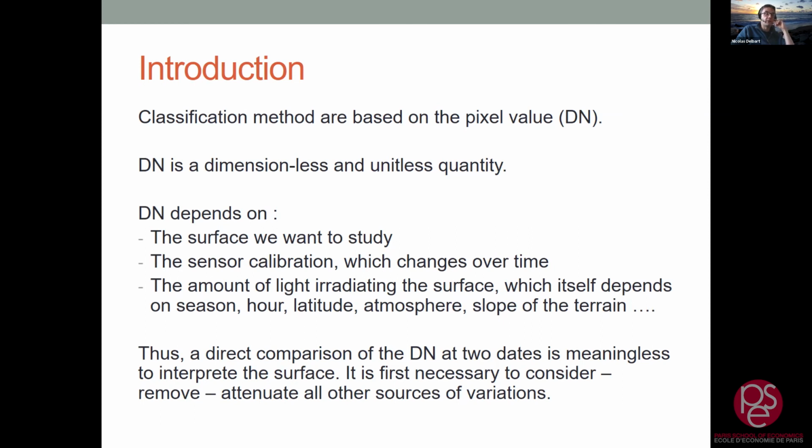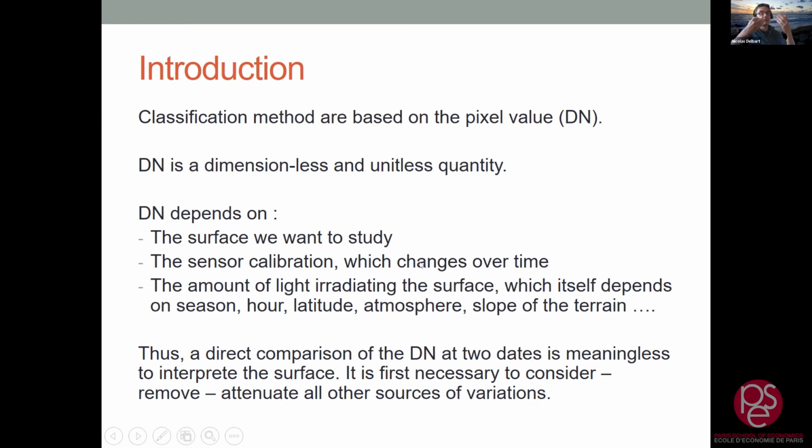You cannot interpret or compare the value of a pixel in the near-infrared band at 2 different dates, because you don't know if you are interpreting the fact that the surface has changed, or if the calibration has changed, or if the incoming light has changed because it's not the same hour, or maybe because the atmosphere is not the same.